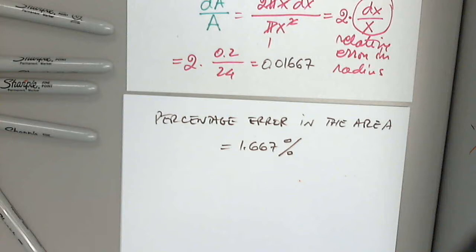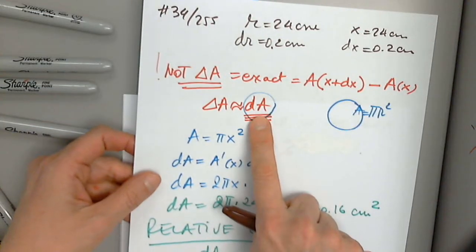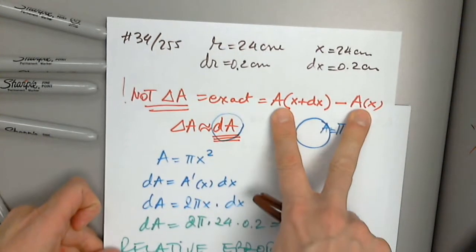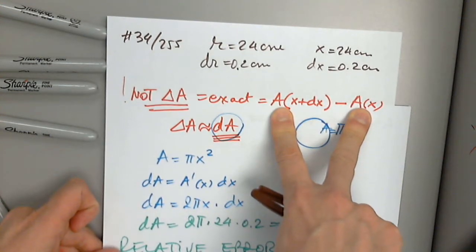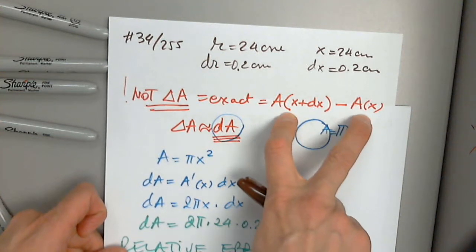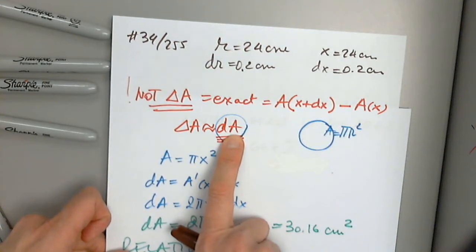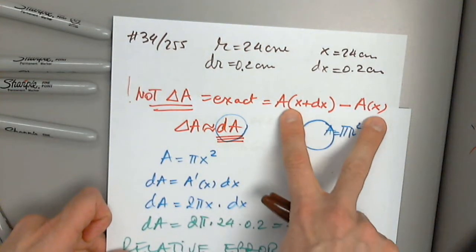If it's a life and death situation, medication or other things, maybe you will not be happy with any error. It makes sense. But if you're happy with minor error, then this will always be easier than this. If you want to determine the change in the y value or the function, this will be your best bet for a small dx than this.